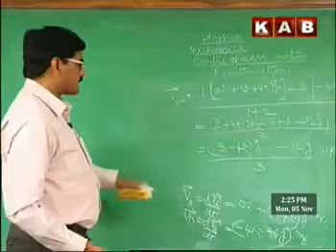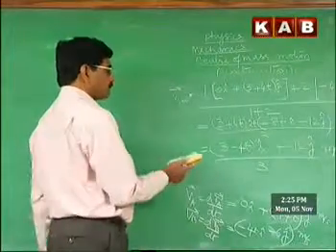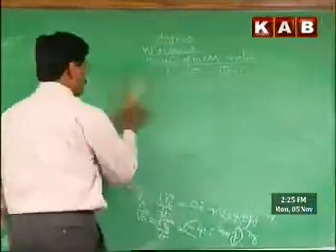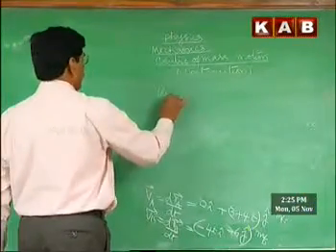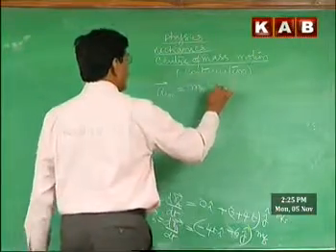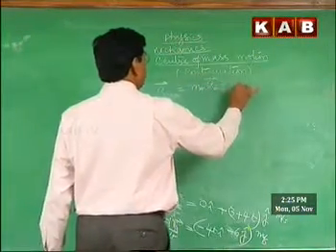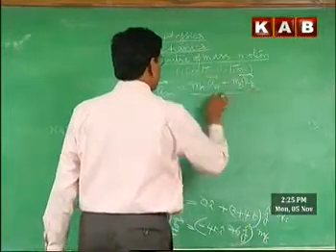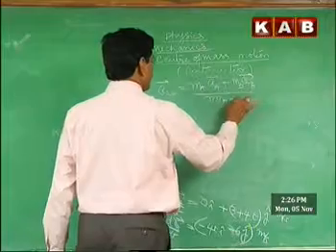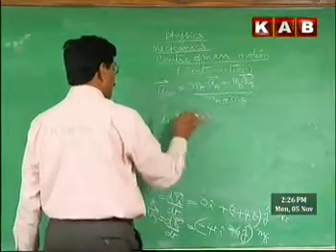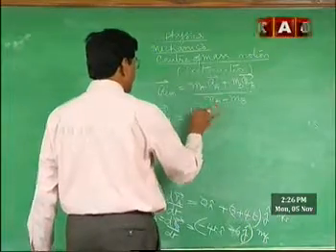Next one is the acceleration of center of mass. For calculating the acceleration of center of mass, the formula is aCM equal to (mA aA plus mB aB) divided by (mA plus mB) as per the definition, and aA is obtained as dvA by dt.